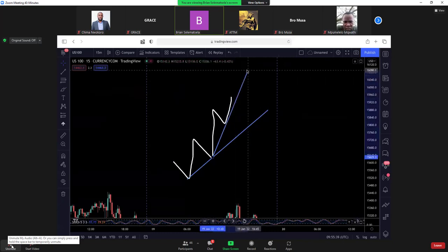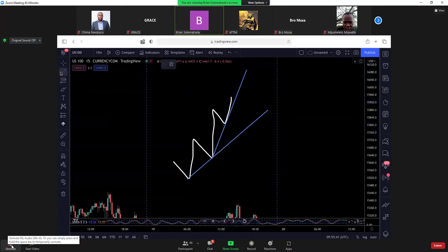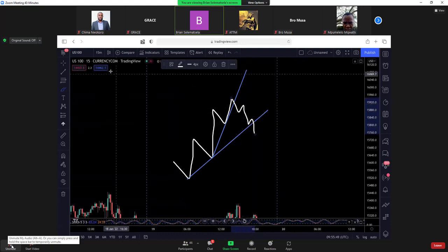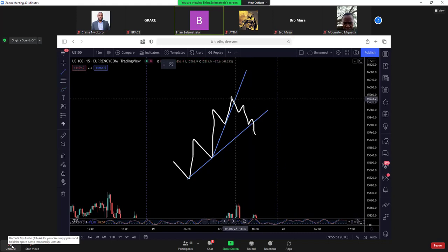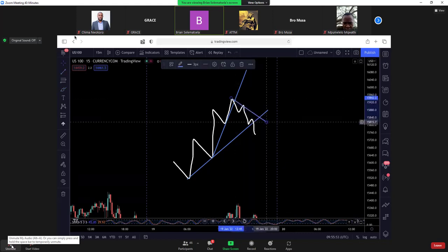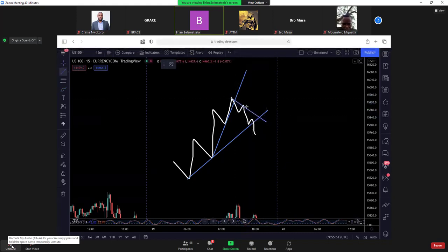Let me show you an example of that. This happened after that. You can see the first structure is not as big as the second one, and the third one does this.